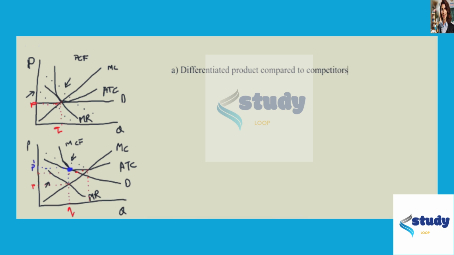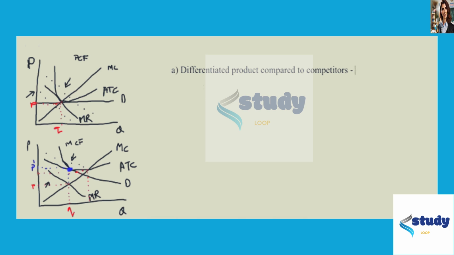We know that a perfectly competitive firm sells products that are identical to other firms. But a monopolistic competitive firm does sell products that are slightly different from its competitors.